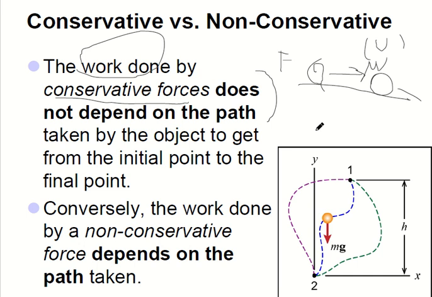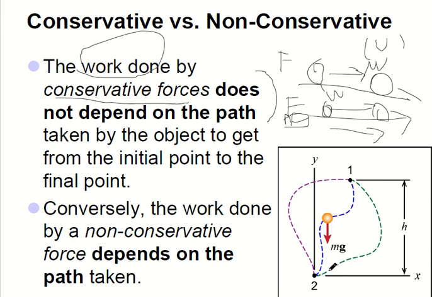When you think about the non-conservative force, it depends on that path. Non-conservative forces. So you move this object to another position. So your work has been done here, and if you're using a non-conservative force, it depends on that path that the object is traveling on.